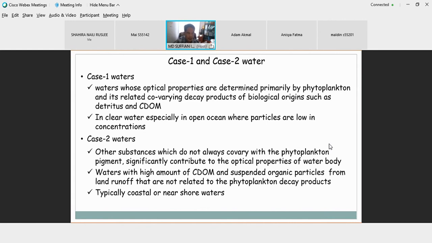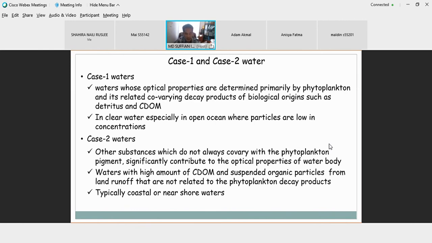Case 2 water, other substances which do not always co-vary with the phytoplankton pigment dominate the optical properties of the water body. So there is a difference with Case 1 waters. Bila Case 1 waters tu ada substance tu, dia berasal daripada phytoplankton.